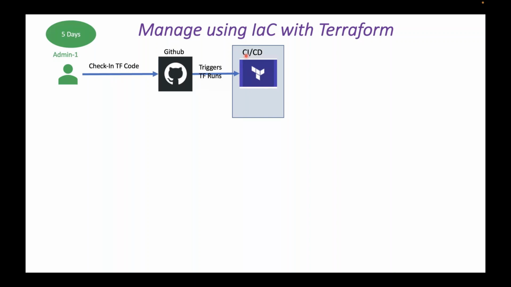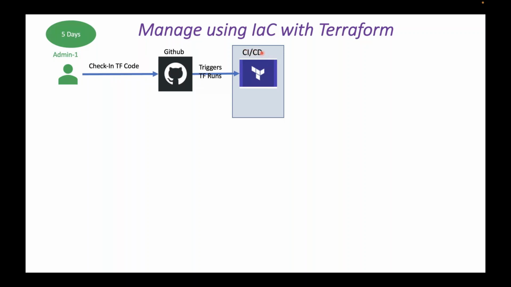The same way, CI/CD is like one person executing the Terraform commands. So the admin took 5 days to create the source code and store it on the GitHub repo. Now, as soon as the pipeline gets triggered, this pipeline means the CI/CD only.